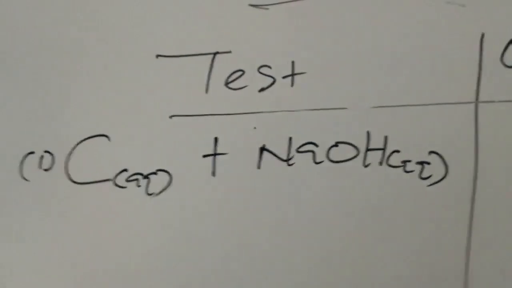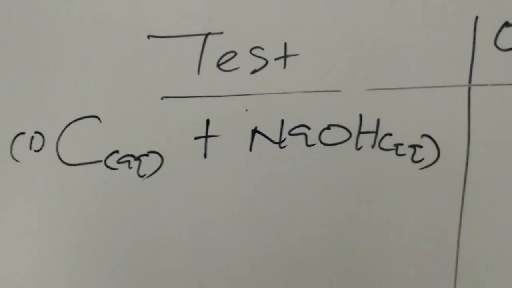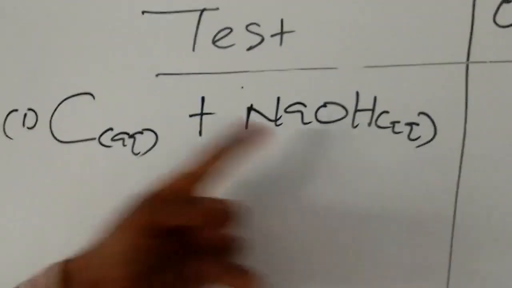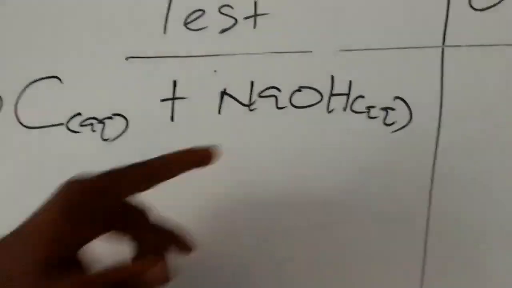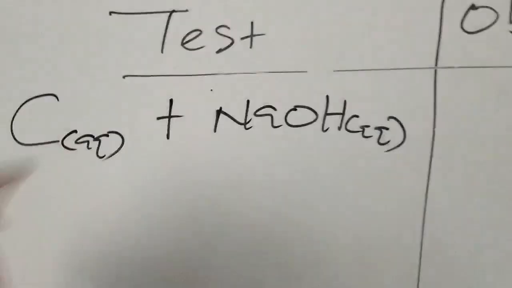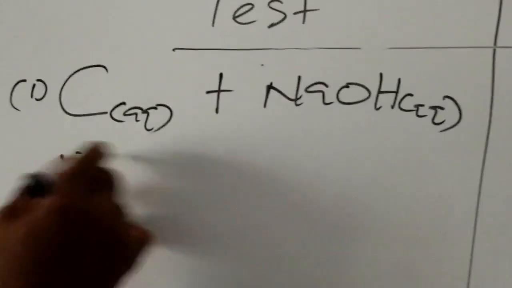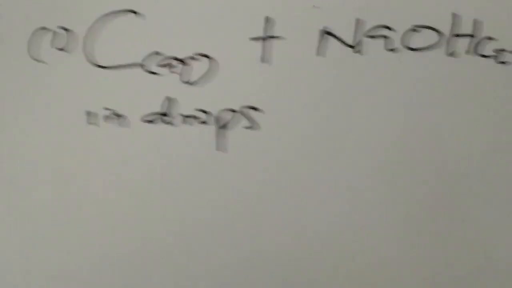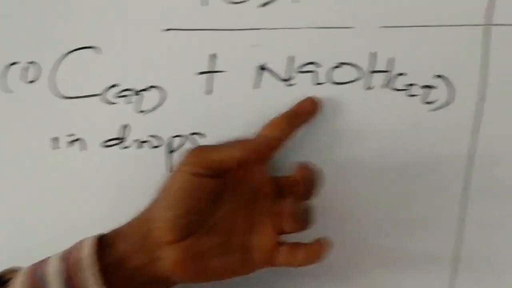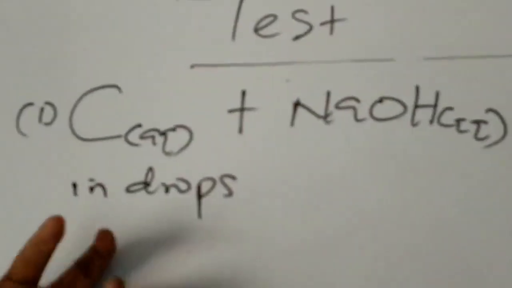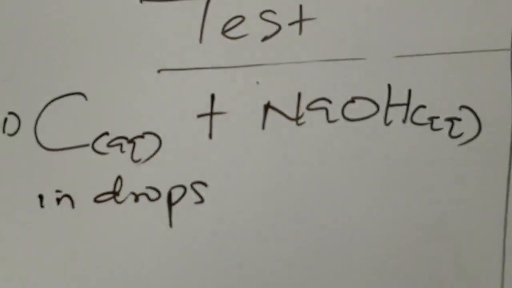Normally in qualitative analysis, when you are adding a reagent to a salt which is in solution, the salt must be in solution. We have to add the chemical to it in drops. We have to add drops of it before we add in excess. So we take the unknown substance, then add this chemical in drops, and after adding in drops, we're going to add in excess.